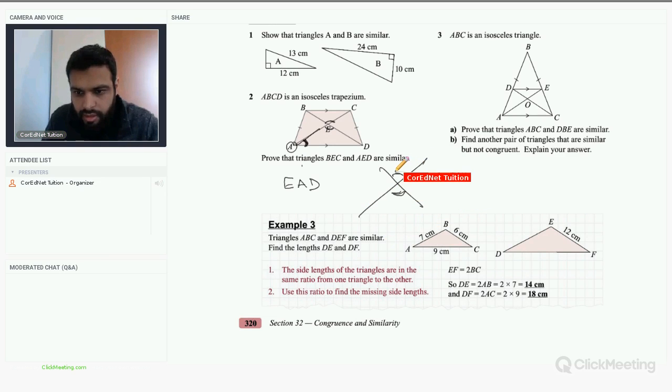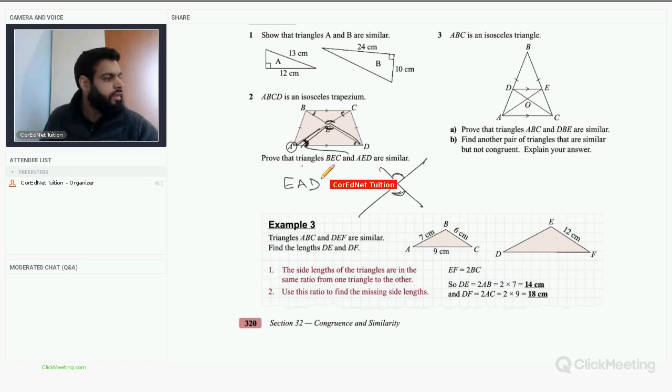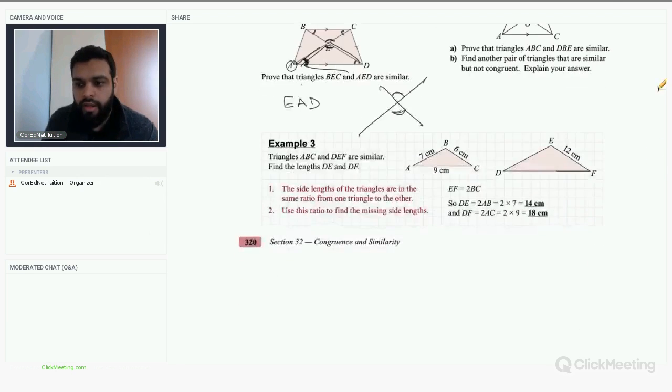Because that and that will be the same. I'm just making sure you are using the correct names. So from alternate angles, if we know this one and this one are the same, this one and this one the same, this one and this one the same, we know that those are similar triangles. So you want to be able to prove and use that as an explanation.